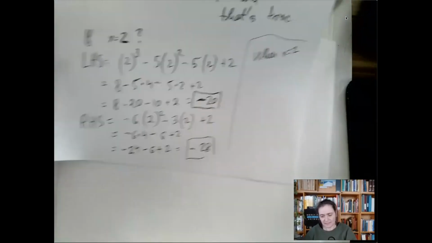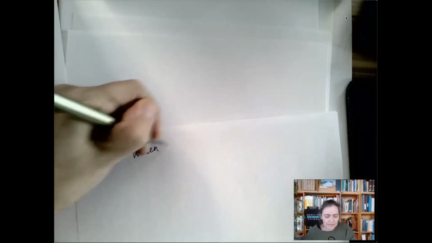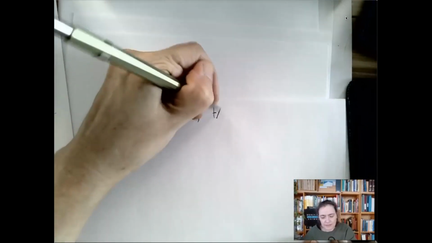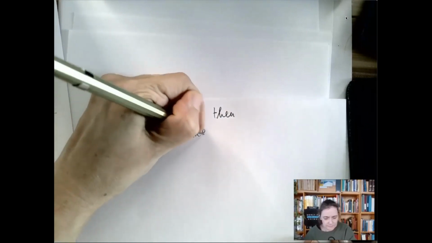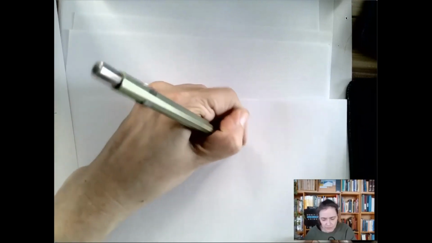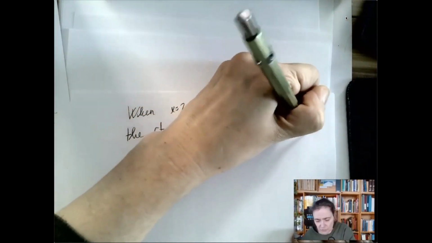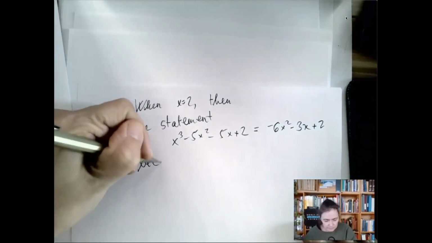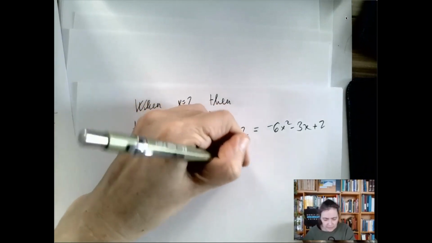I'm sorry, I need to write it. When x is 2, then the statement x cubed minus 5x squared minus 5x plus 2 equals minus 6x squared minus 3x plus 2 becomes -20 equals -28.